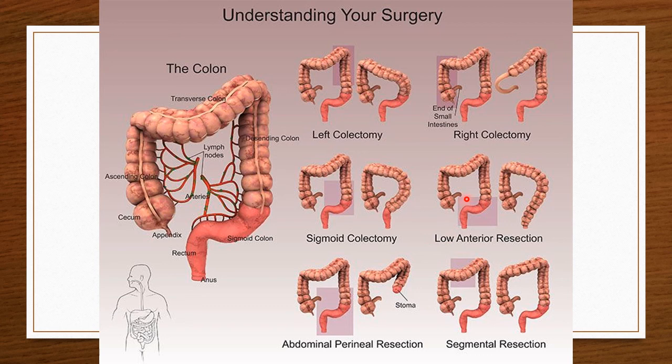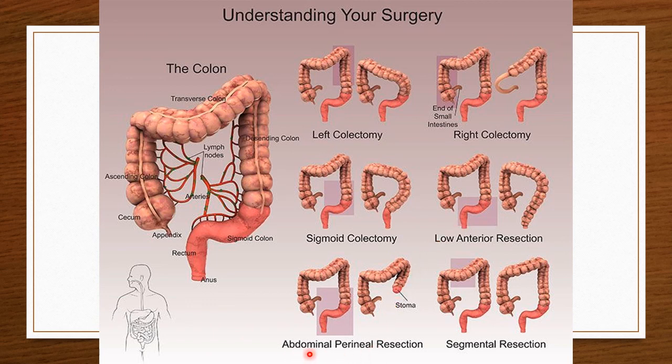Then you have the low anterior resection, where the sigmoid colon and the whole of the rectum, as far down as 10 to 5 centimeters from the anal verge, is removed. And then the descending colon is brought down and anastomosed to the rectum, usually using a stapling device. End-to-end anastomosis.